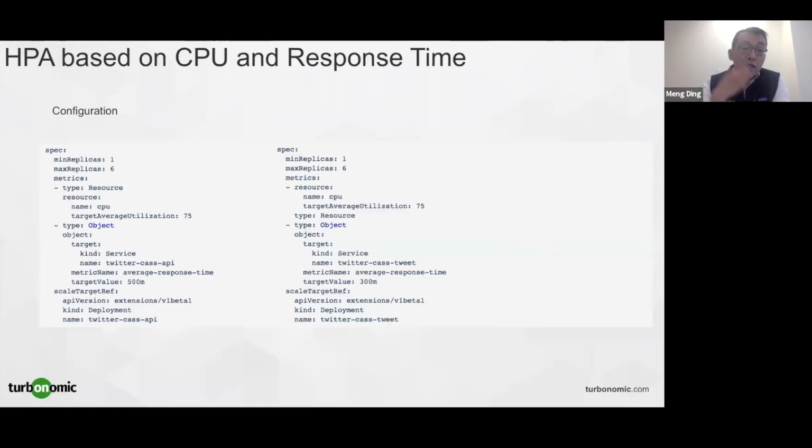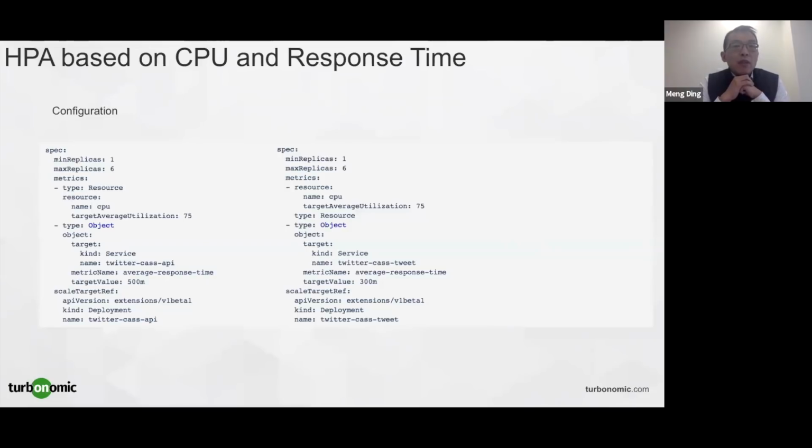Actually, it takes some time to understand the nature of the application, and we realized that we cannot specify a random number for the maximum replicas. It doesn't necessarily make a better result if you specify a larger number of max replicas.